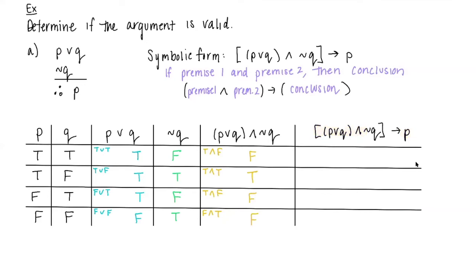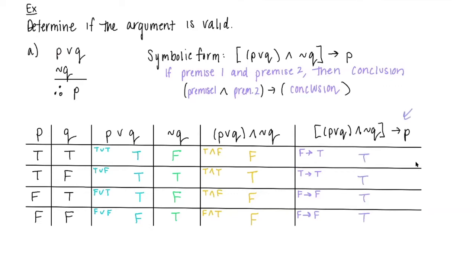We can go ahead and do this if-then statement. So we're going to put the truth value of our premises combined, and we're doing an if-then statement. And then I want to put the truth values of P here. So the only bad case is when you start true and go to false. That doesn't happen. So all of these are true.